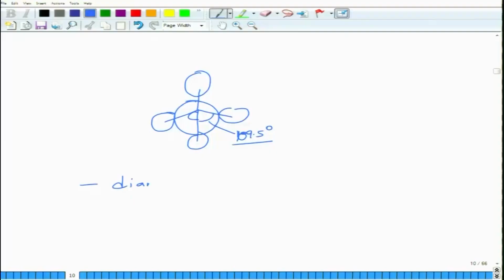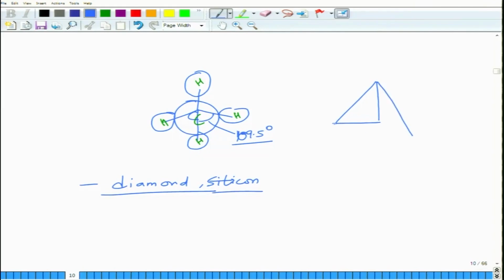This is the same thing that happens in diamond or silicon. In case of methane this would be carbon, this would be hydrogen, this would be hydrogen, this would be hydrogen. In case of silicon, if I just make a tetrahedra, okay, this is the tetrahedra that we can have.